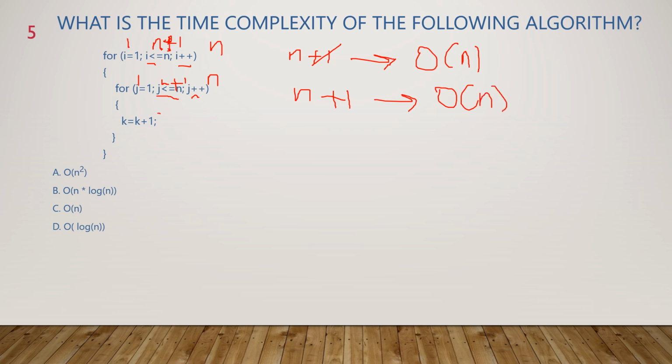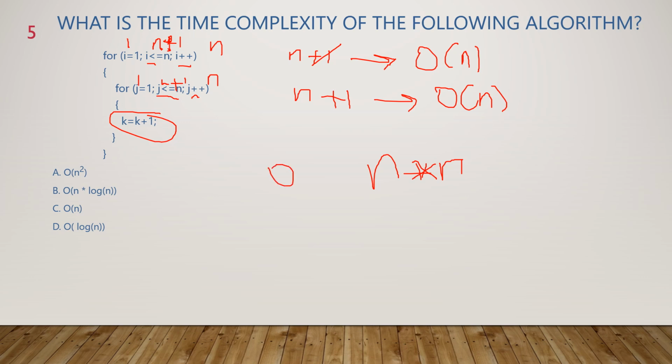This statement depends on the operation of the loop, because when the condition is false, the iteration cannot move to k equals k plus 1. It will stop. So the time complexity is not the summation but the multiplication of the two.